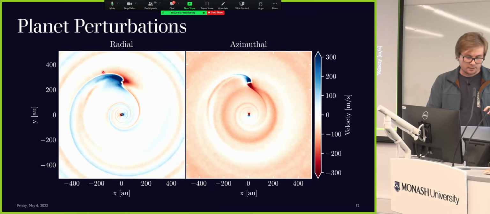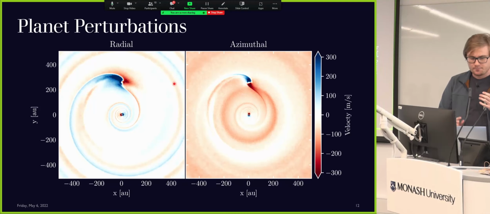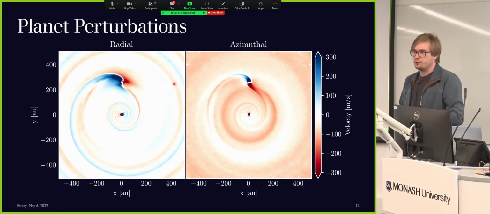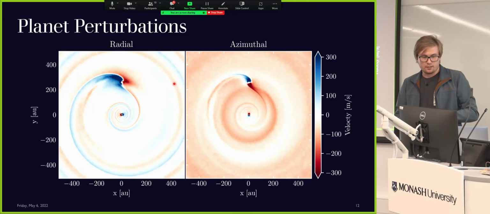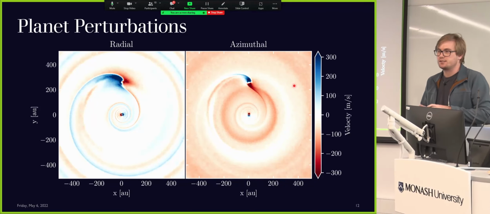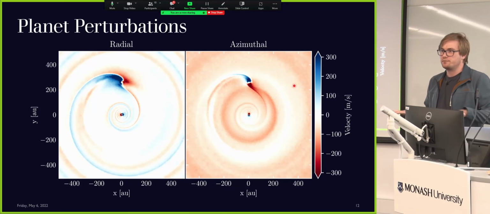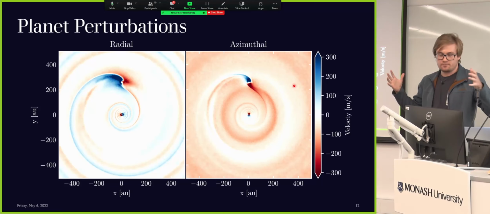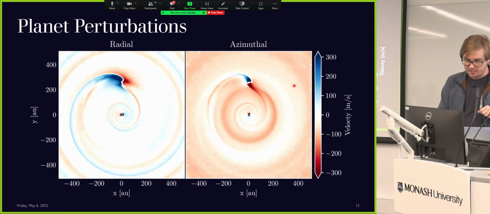The wake propagates outwards and inwards, and it generates perturbations in the velocity field of the disk on the order of a few hundred meters per second. The azimuthal component is fairly minor. This whole red area here is basically because the whole disk itself is orbiting at sub-Keplerian speed because of the gas pressure support. So the gas is supporting some of the rotation.